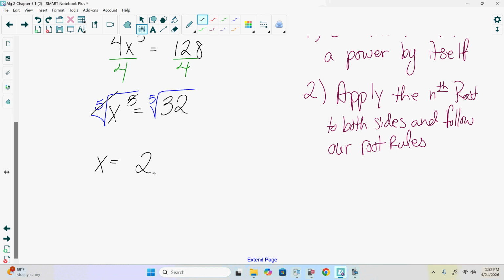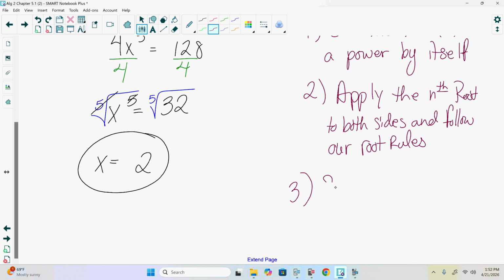Since we took an odd root, according to those rules, if we take the odd root of a negative number, we get one real root. Well, we didn't take the odd root of a negative number. We took it of a positive number. Well, the odd root of a positive number is still one real root. So that means 2 is our only possible choice. So x equals 2 is what we have.